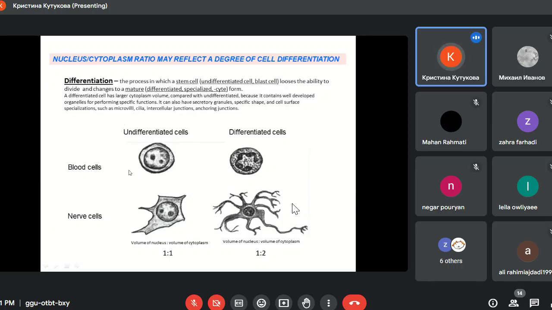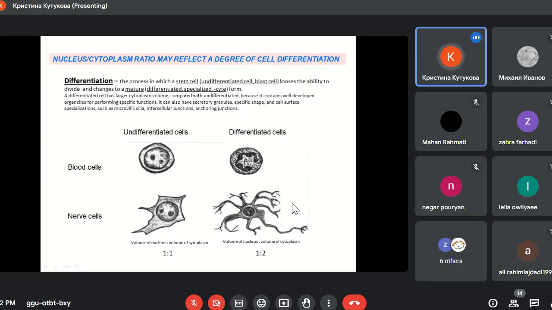The undifferentiated or stem cell has a higher nuclear to cytoplasm ratio. It means that volume of cytoplasm is very small because no specific organelles are present in high amount in this cell. So such an undifferentiated cell has all of the organelles, but they are all few.